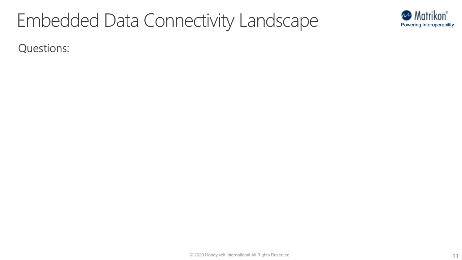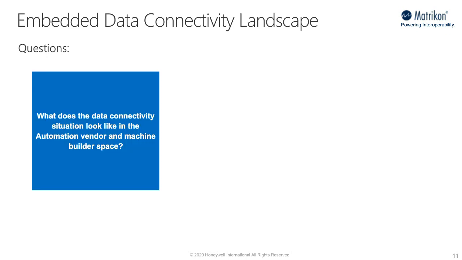So Dimitri, what does the data connectivity situation look like in the automation vendor and the machine builder space, from your perspective? Okay, so to answer this, I guess we need to look back a few years. OPC UA has been there and specified, and there have been different SDKs available for a long time already.